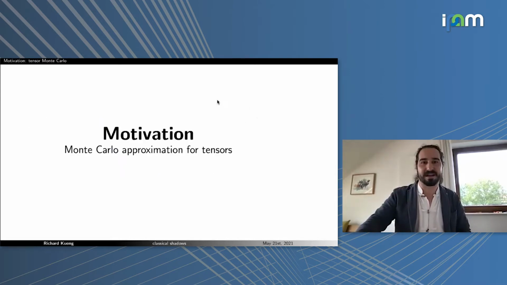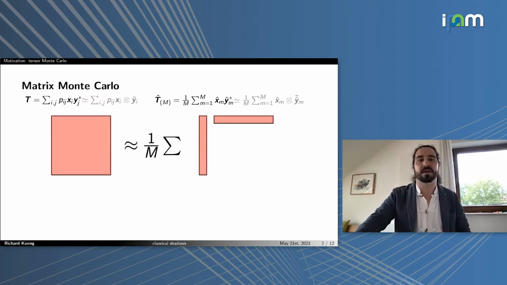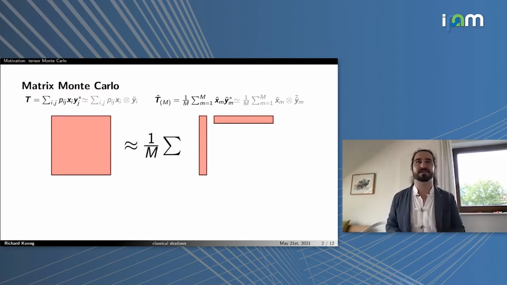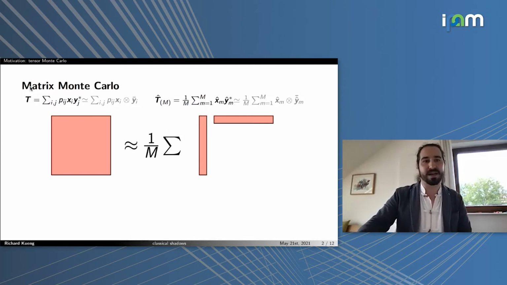And so let me start very briefly with recapitulating what I mean by Monte Carlo sampling for matrices or tensors. Let's start with the simplest form of tensor that I'm familiar with, a matrix, a tensor of order 2. The idea behind Monte Carlo sampling is to take your matrix and implicitly decompose it into a sum of simple factors or contributors.